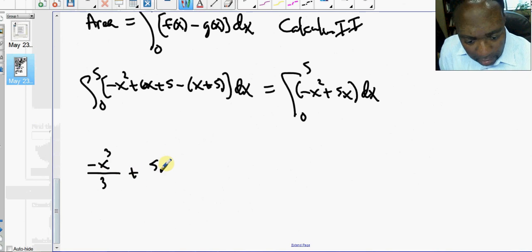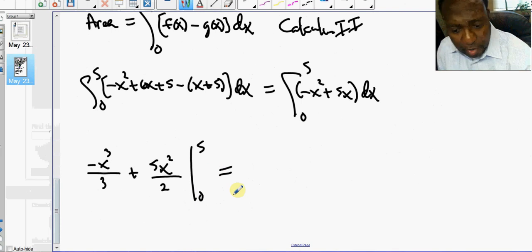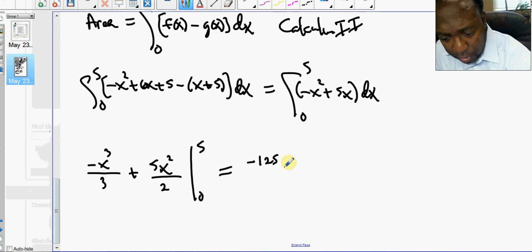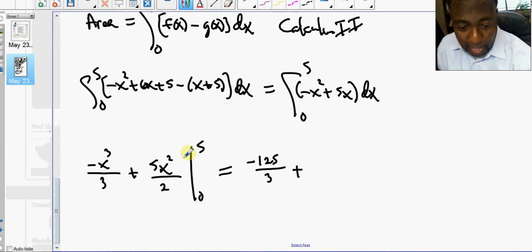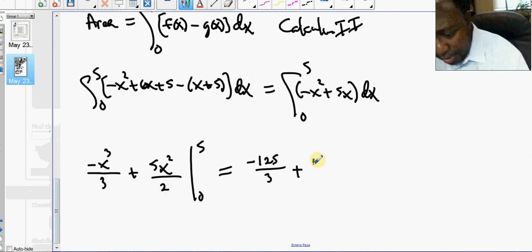Plus 5x squared all over 2. That's evaluated from 0 to 5. So we get negative 125 over 3 plus 25 times 5 is 125 all over 2.